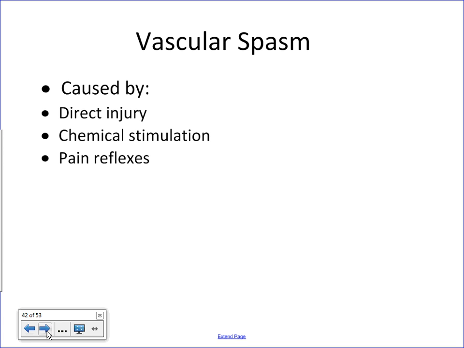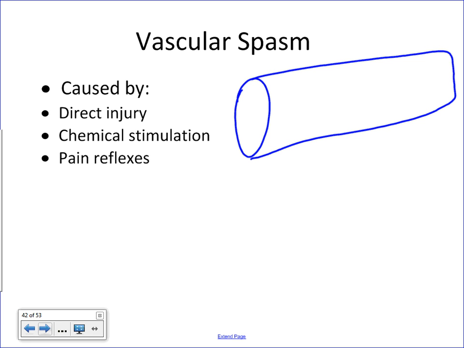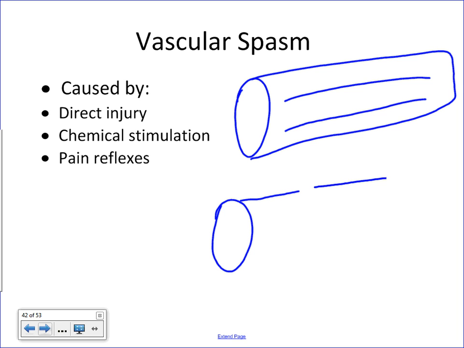So the first stage that you're going to see. Let's say we've got the vessel here, and this is the hollow inner part of the vessel. Now, what's going to happen? We damage this here.